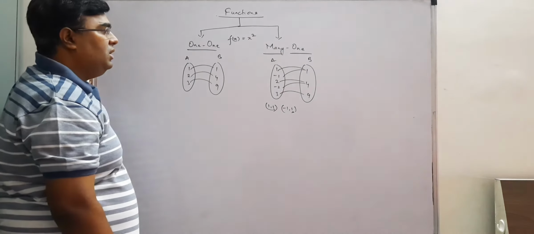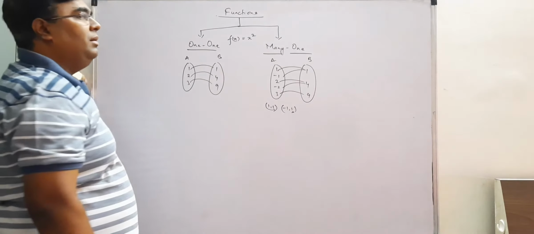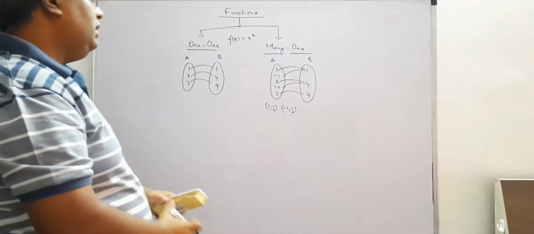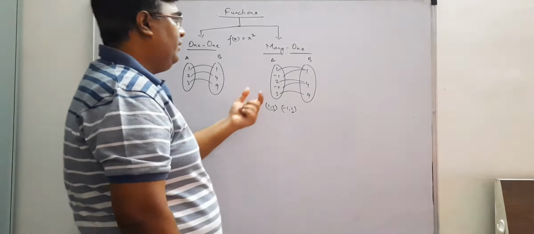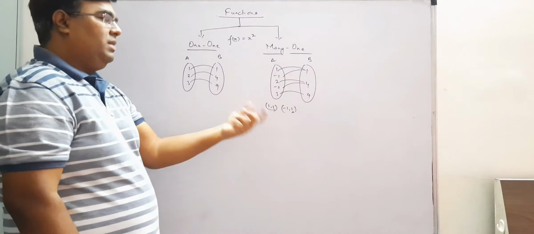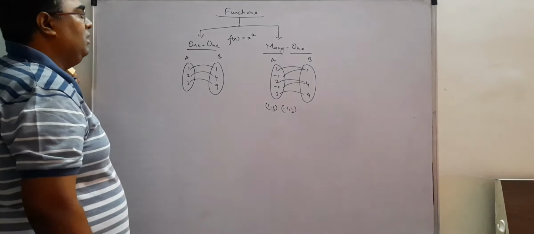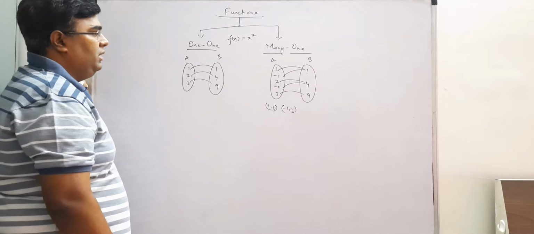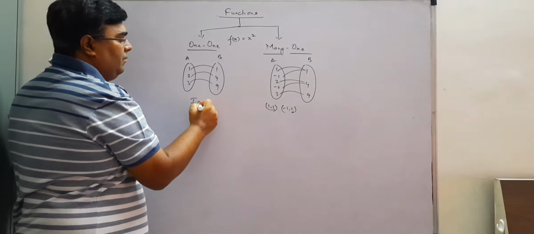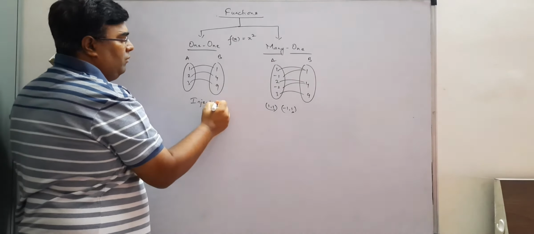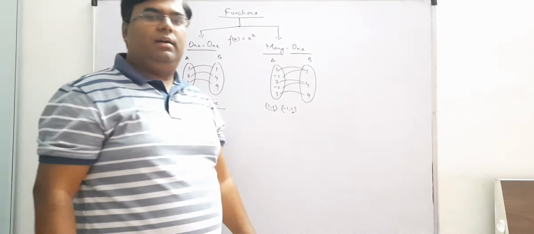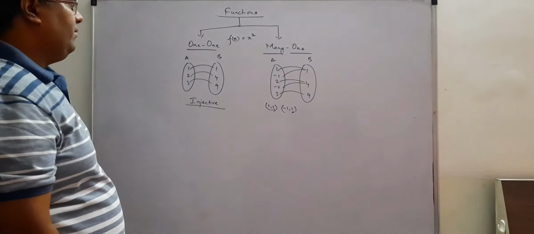So in a one-one function, the second element, that is the element from the codomain set, or you can say the range set, is not repeated. However, in many-one, the range set is repeated twice, thrice, or as many times, depending on the function. Right? This one-one function has another name. We call it injective or injection. Right, now, injective function.